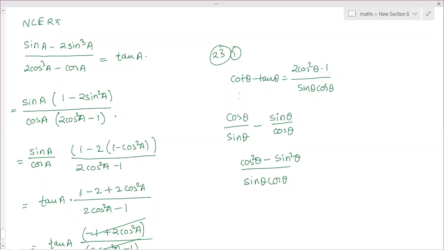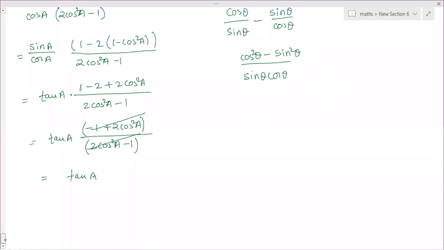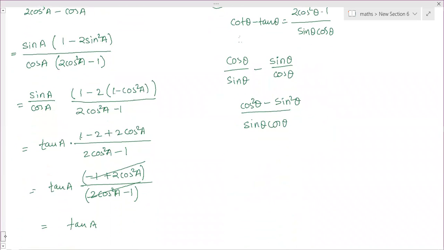Can you replace sin square theta with 1 minus cos square theta?